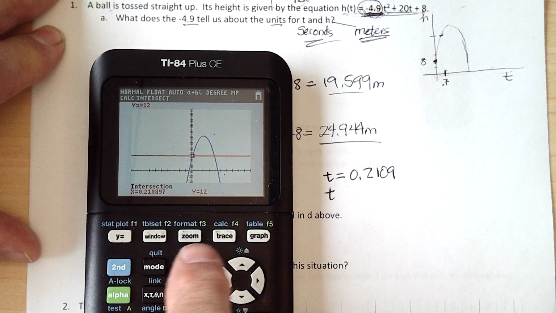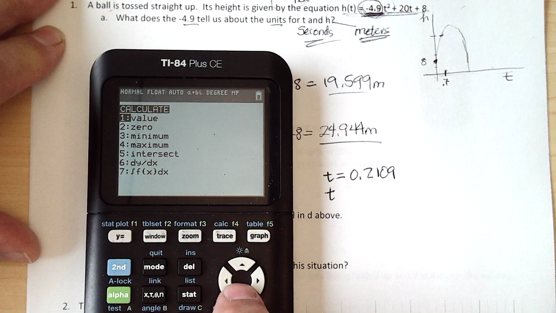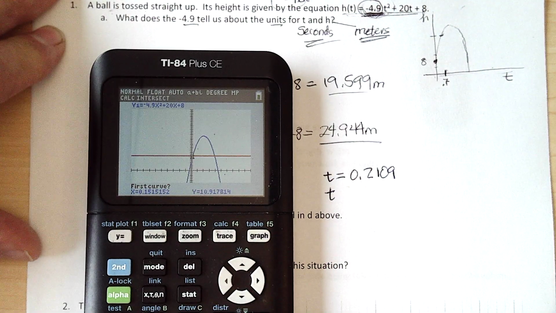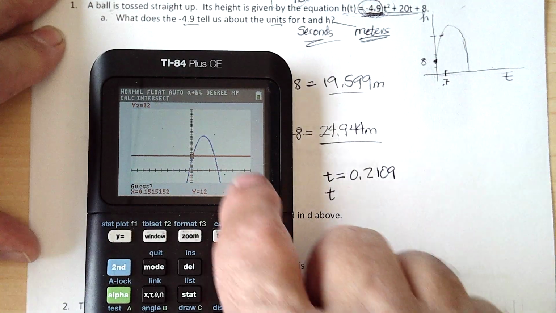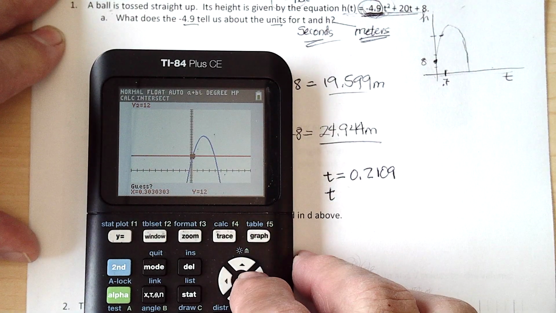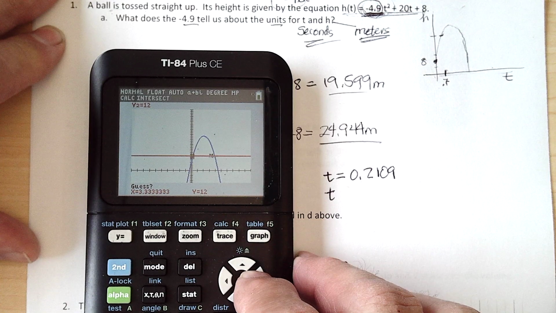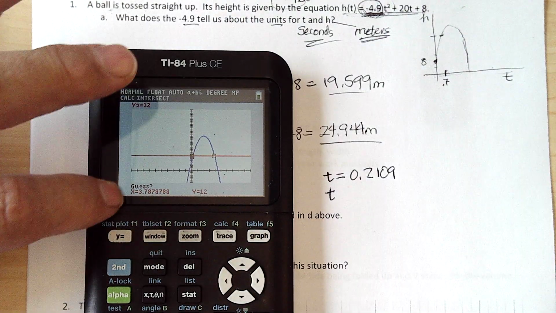So I can go second, calculate the intersection between that blue equation, enter, that red equation, enter, and I gotta get closer to here or it'll keep giving me that answer. So I need to move over near that spot, and that's my guess.